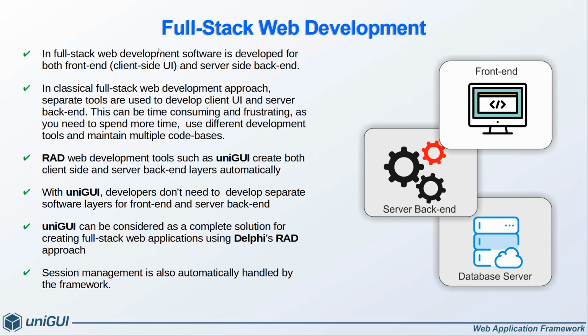On the other hand, web tools such as uniGUI create both client-side UI and server-side backend automatically. With uniGUI, developers don't need to develop separate software for front-end and also for the backend. In this sense, uniGUI can be considered as a complete solution for creating full-stack web applications using Delphi.